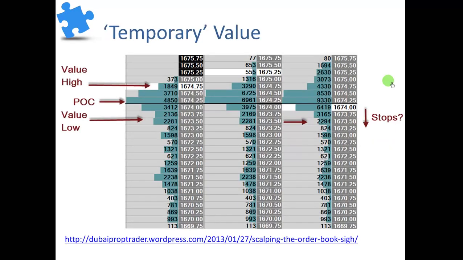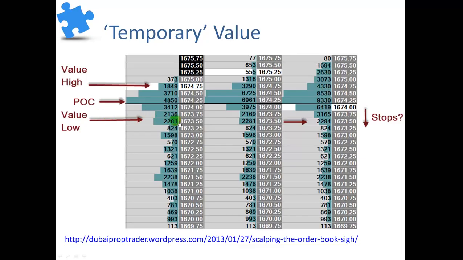Okay. Right, this sequence from left to right is a sequence from the Globex session on the 15th of July 2013. And what we can see here is something extremely common on all markets, where we move into an area and then we start moving sideways.